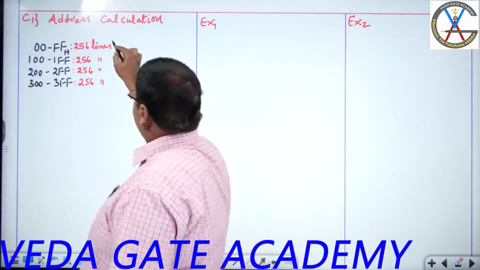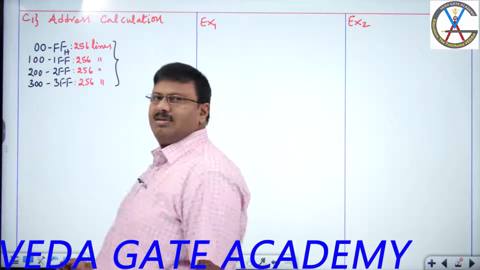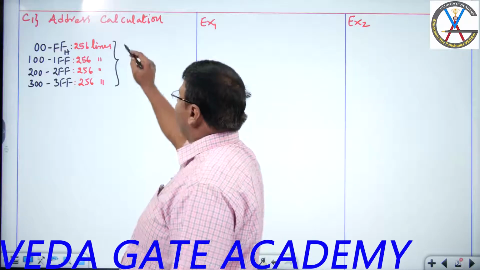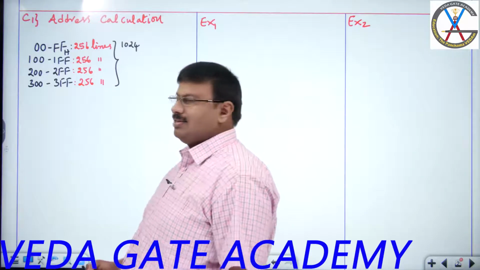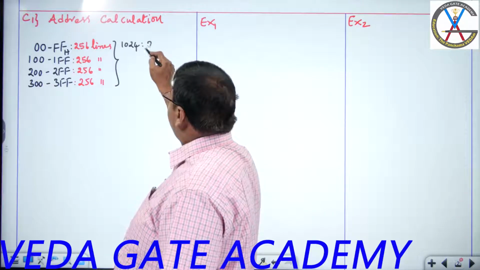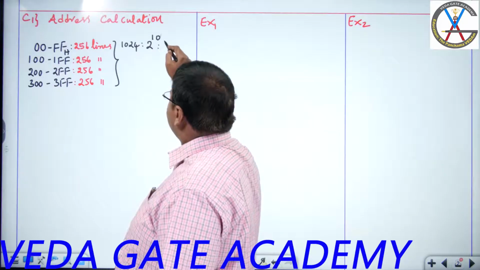So 4 into 256 is how much? Is it not 1024? Yes, it is. Is it not 2 power 10? So is it not 1K?